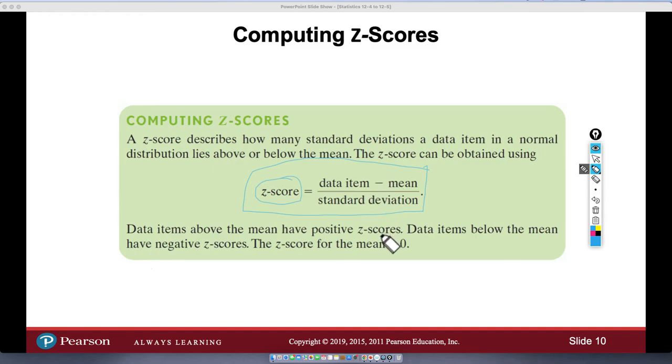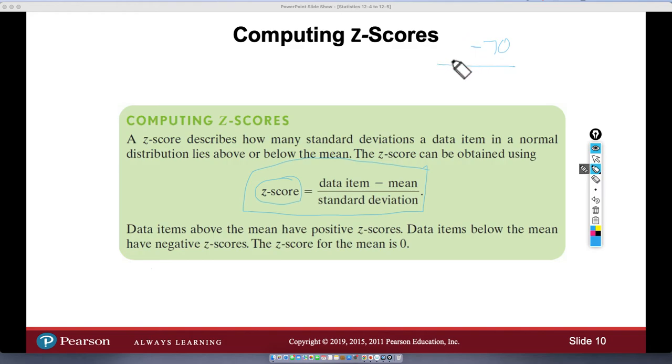We're going to use the online calculator, so this formula is not as important to us because the calculator has it embedded, we're going to get the answers, but this is an interim source. So what you do is you take the data item, you know, what height we want that person to be, and the mean. In the case we were given, the mean was 70.